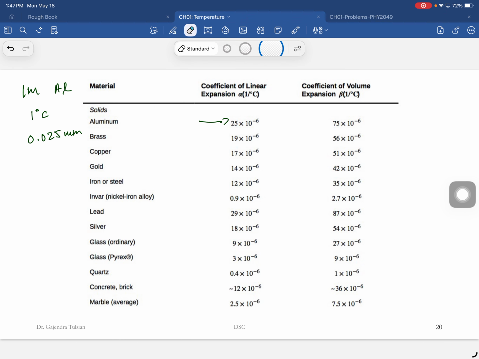Okay, so you can see that the rise in temperature for concrete will be about 5 degrees.